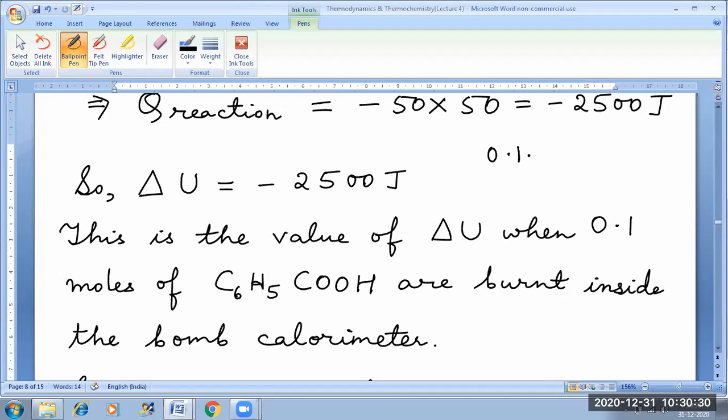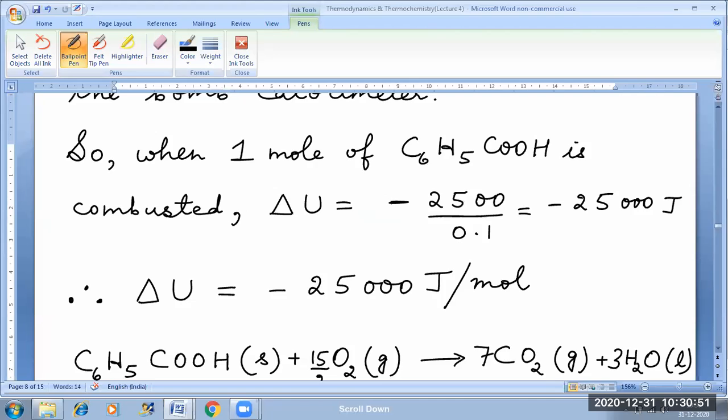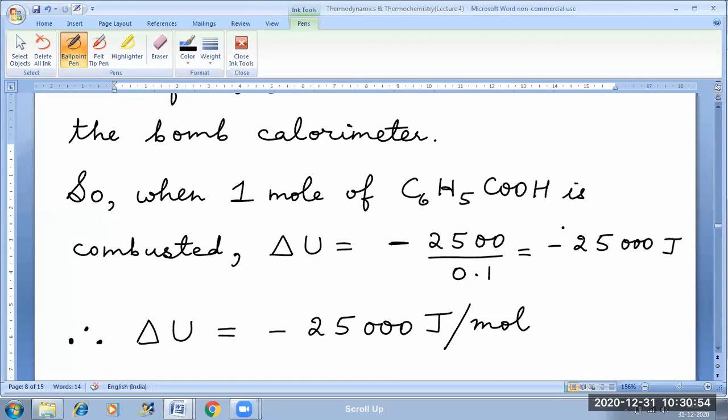So if 0.1 moles are burned, then minus 2500 joules is the value of delta U. If 1 mole is burned, then X joules will be the value of delta U. Cross multiply and we get X as minus 25,000. So delta U is minus 25,000 joule per mole.